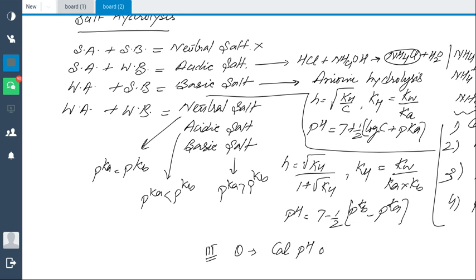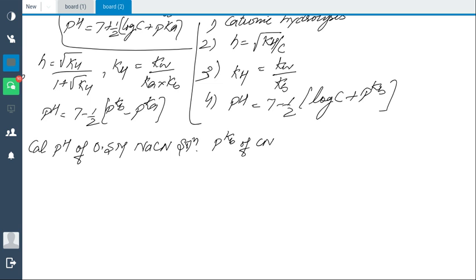Calculate the pH of 0.5 molar NaCN solution. The pKb of CN minus is 4.70. And here I'm giving you the value of log of 0.5, minus 0.3.